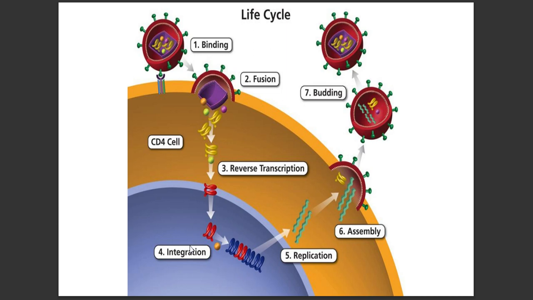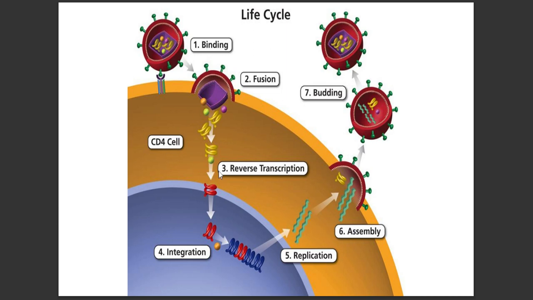And when that happens, replication is going to happen. So this is going to make a copy. The DNA of the host and the DNA of the virus is now going to make a copy like that. And then there's going to be assembly. After making this copy, these are going to be assembled, the DNA of the host and the DNA of the virus. And that will continue, and proteins are going to be made.